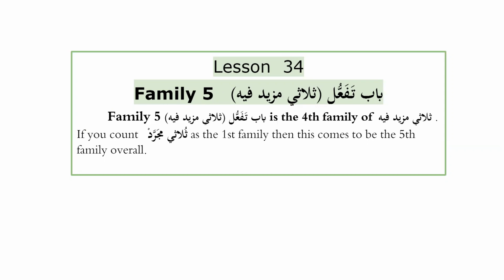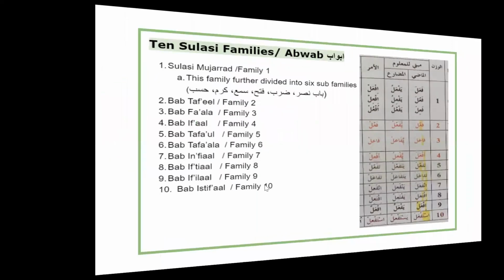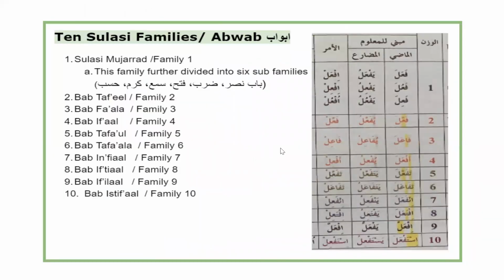Why do we say Mazid Fihi? Because these families from 2 to 10 have extra elements. In addition to the 3 root letters, these families have extra elements. So you can see the families that we already did.